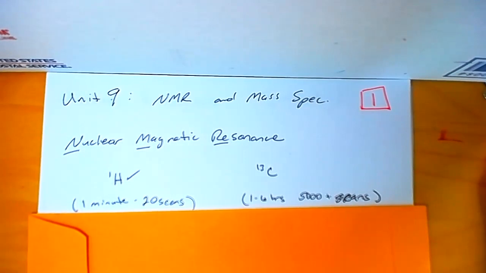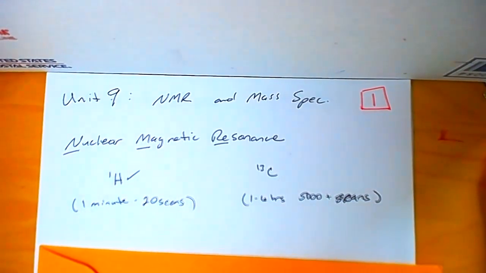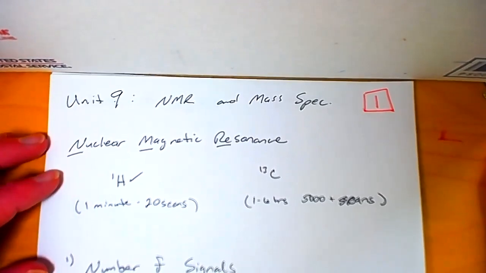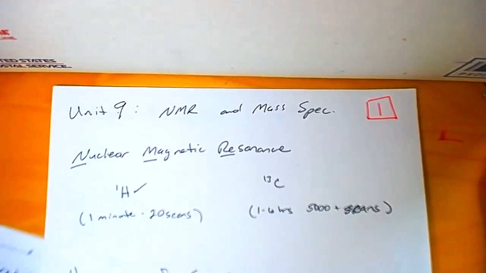Carbon-13 is another isotope that will exhibit the NMR effect, but because carbon-13 is only about 1.1% of carbon, you need a lot more scans, like 5,000 plus, and this can take anywhere from 1 to 6 hours to get a good spectra.